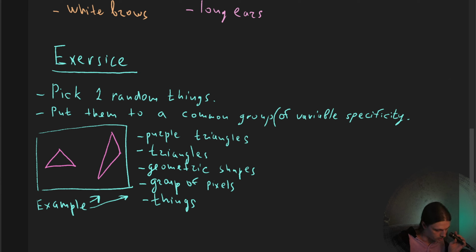Let's take it into parentheses. Or you can try a purple triangle and a cat. Or you can try a cat and a rock. Where can you put a cat and a rock? Maybe physical objects or something like this.